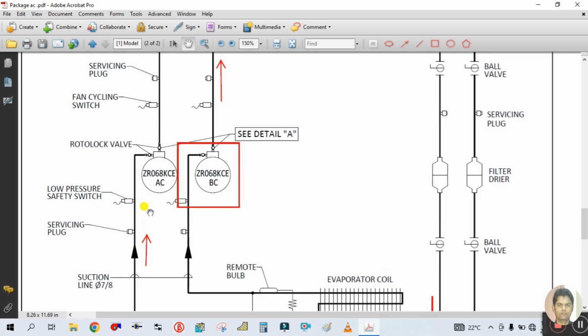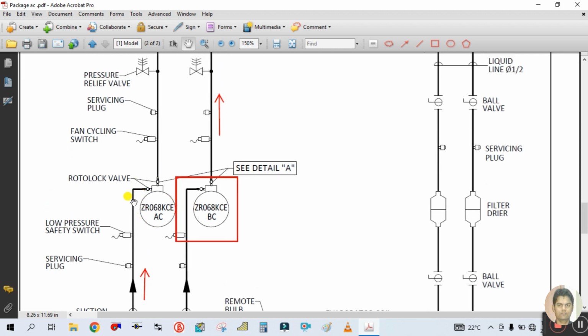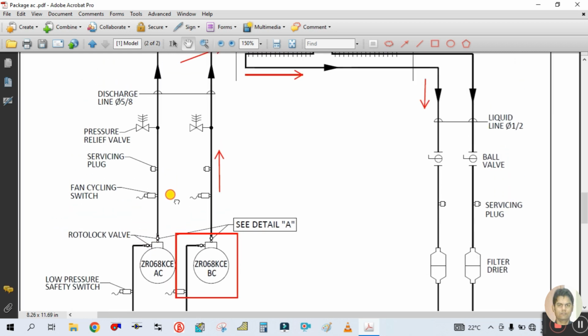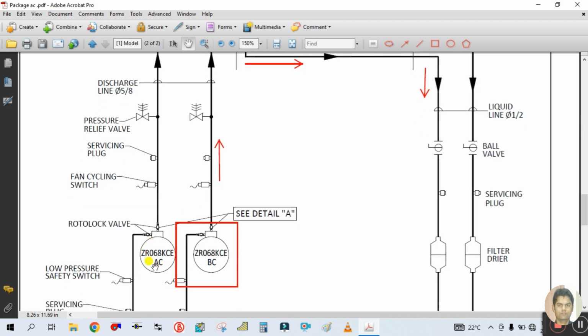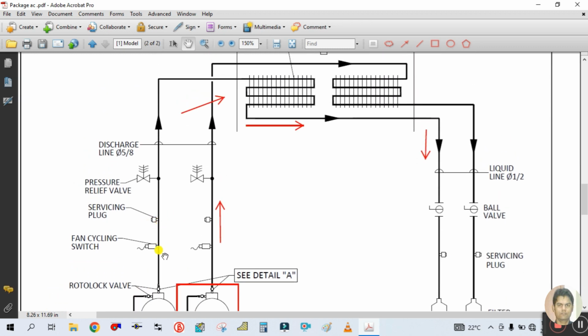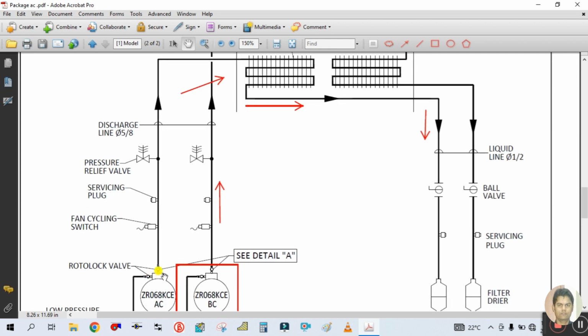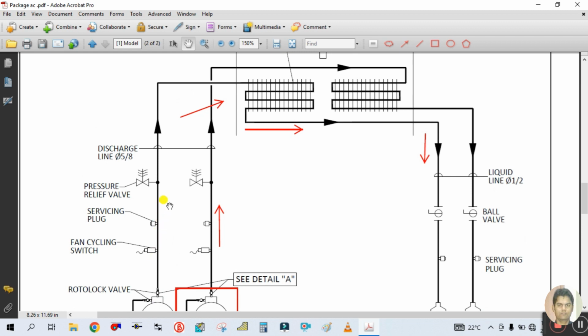Once it enters inside this compressor, it will be compressed again, and due to this compression the temperature and pressure of the refrigerant will increase again. Because of this high pressure, it will pass through this discharge line and enter the condenser coil.